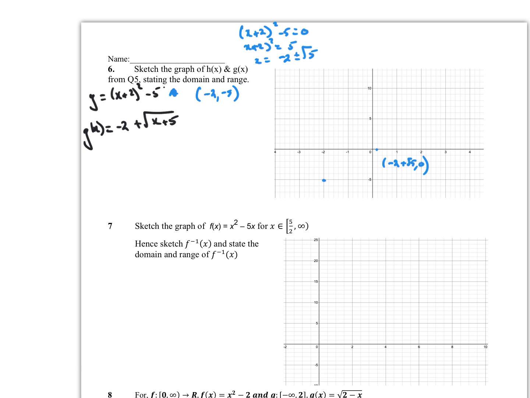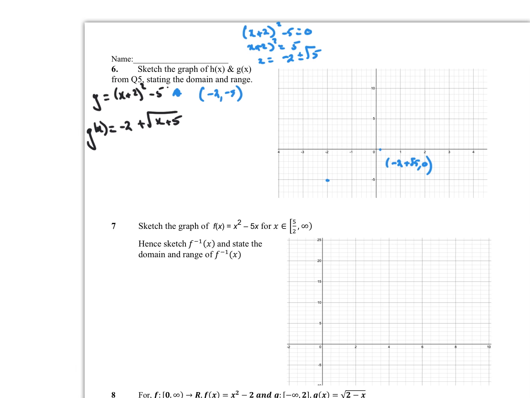Is there a nice value there? Actually, if I put x equal to 1, I'll get 3 squared, which is 9 minus 5, which is 4. So it goes through the point 1, 4. If I put x equal to 2, 2 plus 2 is 4 squared minus 5 is 11.